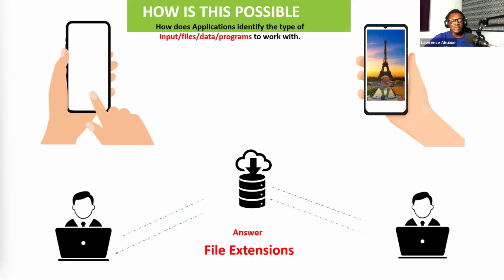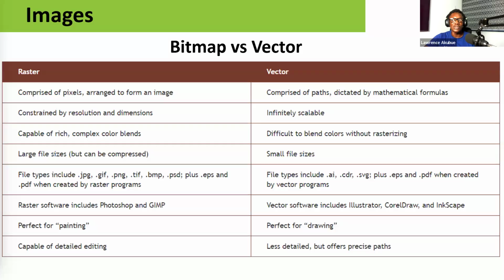Now we're going to talk specifically about the file extensions for images, and how they come about. For images, they are broadly divided into two. I've mentioned pixels. When we talk about raster data or bitmap, raster and bitmap are the same thing, and you are referring to pixels.